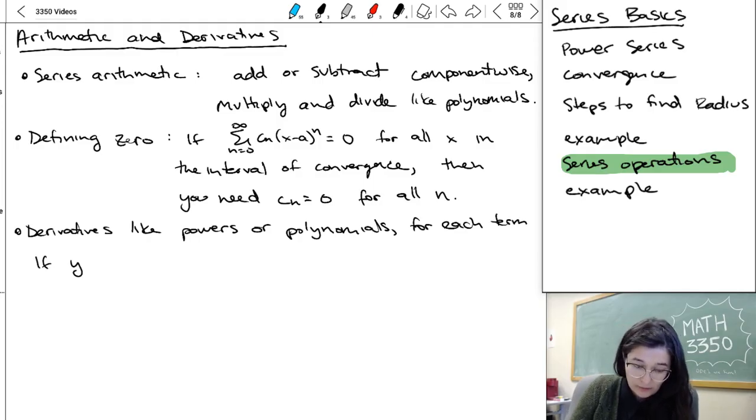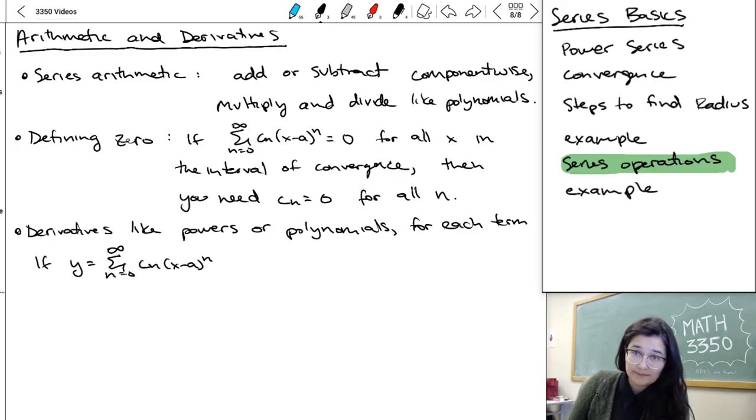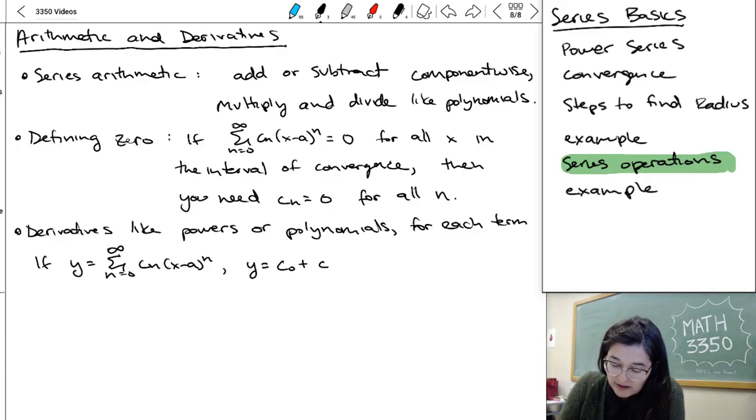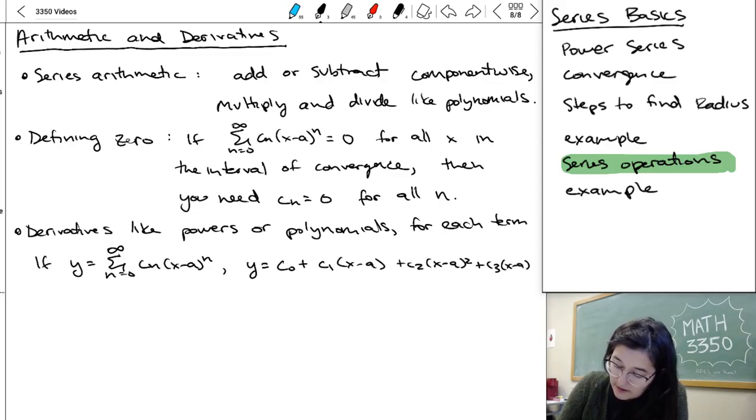So if we have y equal to the sum from n equals 0 to infinity of c sub n times (x minus a) raised to the nth power, then the written out version of this is that y is c0 plus c1 times (x minus a) plus c2 times (x minus a) squared plus c3 times (x minus a) cubed, and so on and so forth.